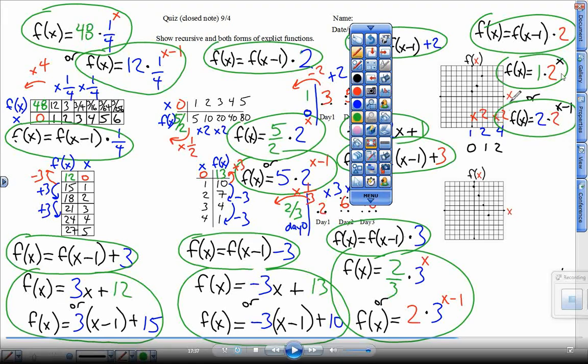That'll give me 1 times 8, 8. Same as over 3 up 8. Or if I plugged in 3 right here, would give me 2 times 2 to the 3 minus 1 power, 2 to the second, gives me 2 times 4, which again gives me 8. So again, to get this third term, take the 1 before it, times it by 2, gives me 8. Over 3 up 8. Or these, when I plug in 3, also give me 8.